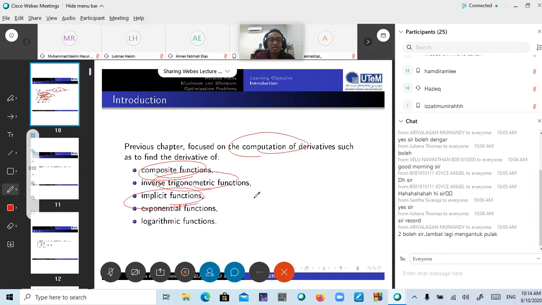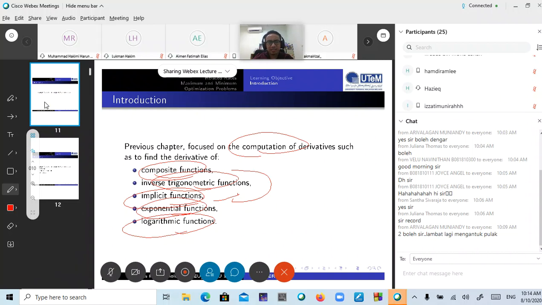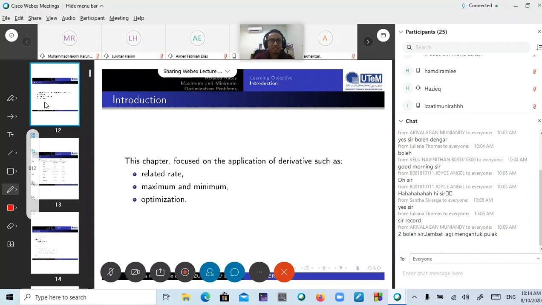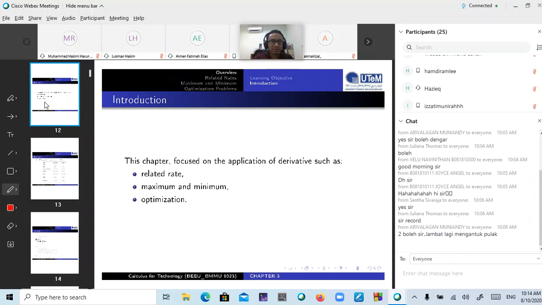How to differentiate its implicit, exponential, and logarithmic. On the chapter 3 application, kita akan banyak guna on implicit and then composite function. Banyak guna apply. Okay?